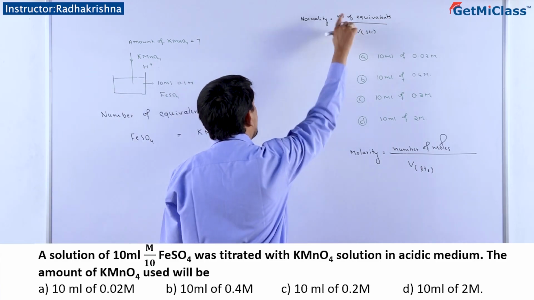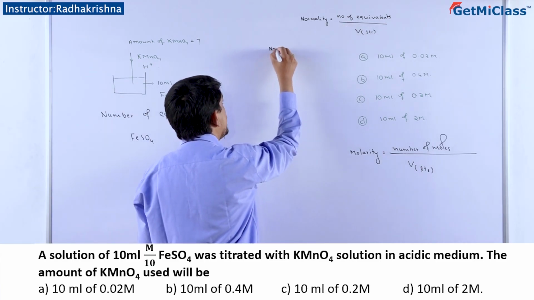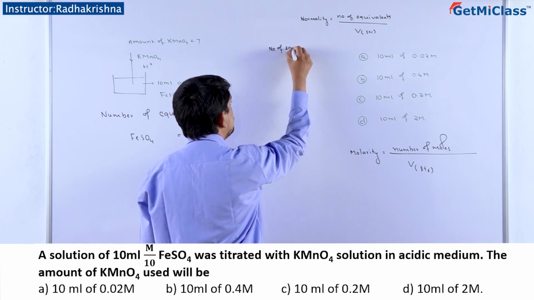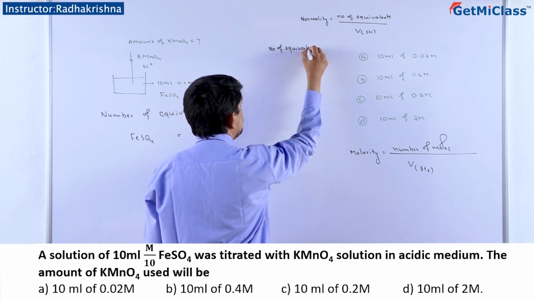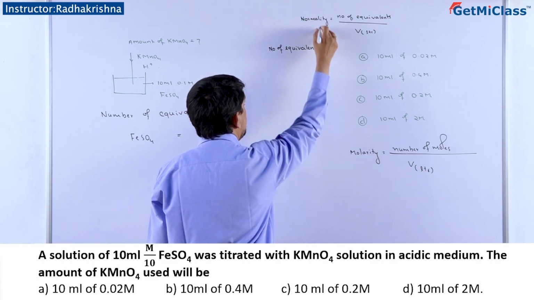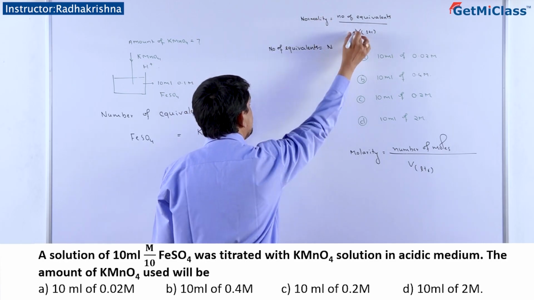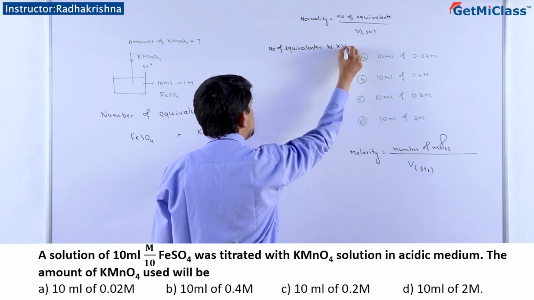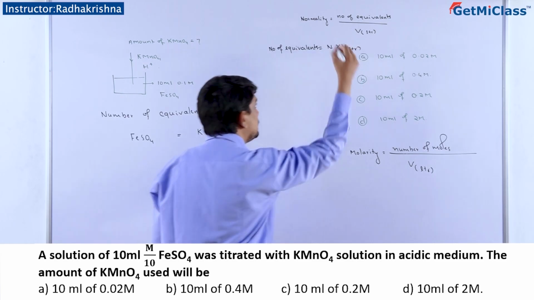So everybody can see that number of equivalents is nothing but normality into volume, which should be in liter.